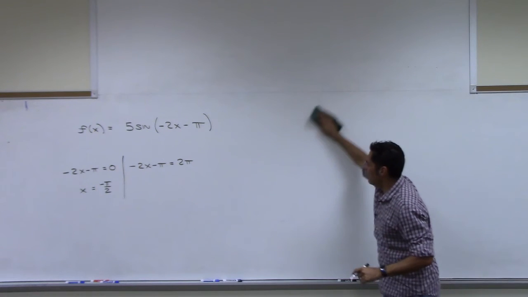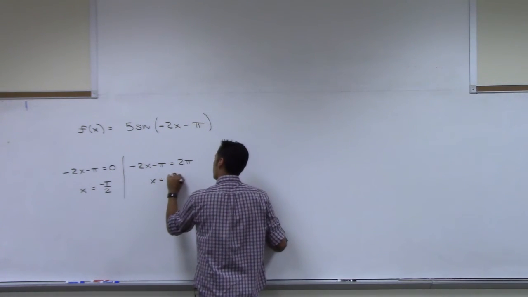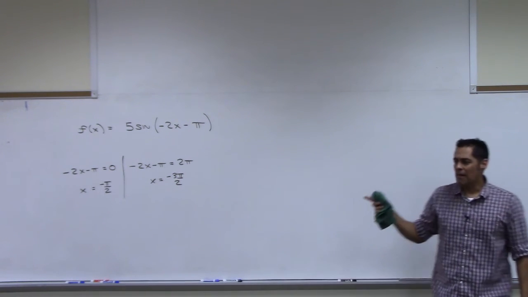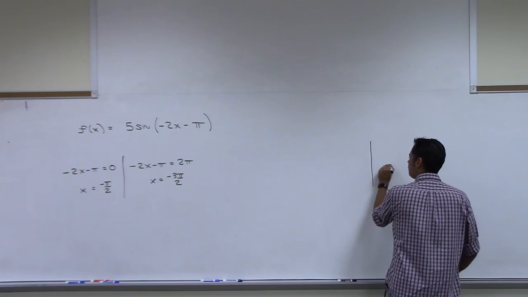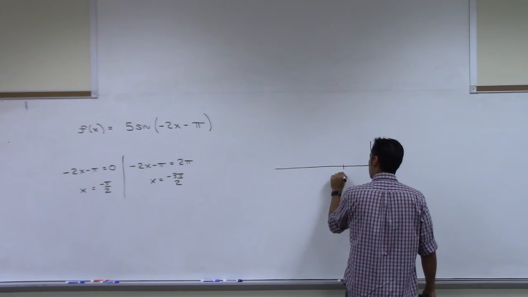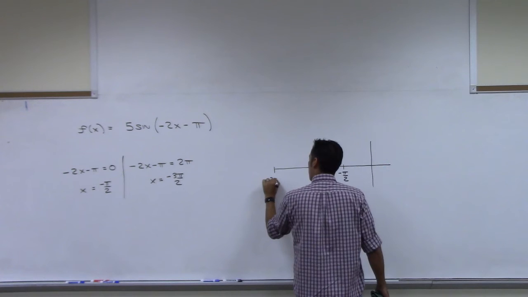And then divide by negative 2, and you get x is negative 3 pi over 2. So far, is that all right? Now you graph this. Those are both negative numbers, aren't they? Okay, so here's negative pi over 2. Here's negative 3 pi over 2.